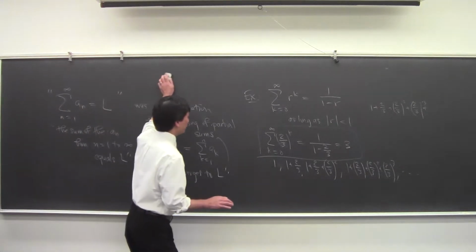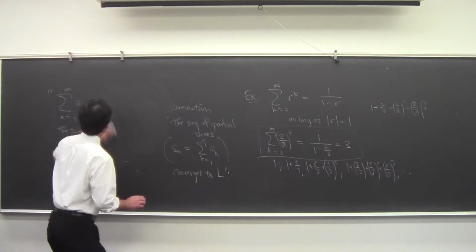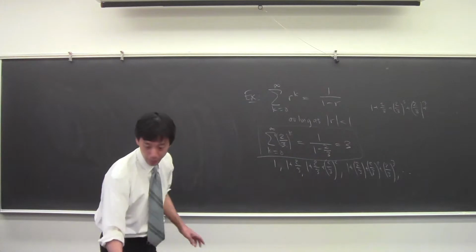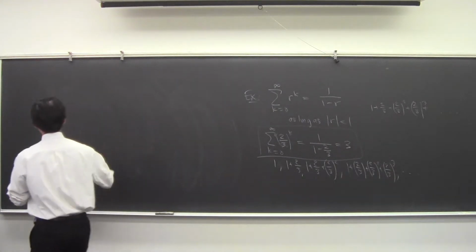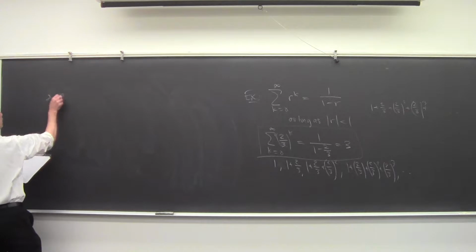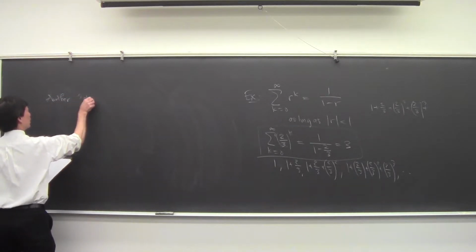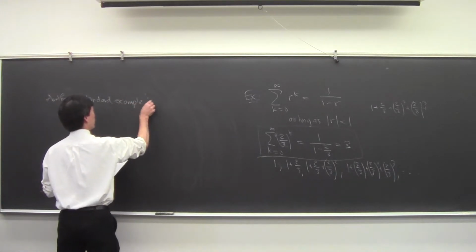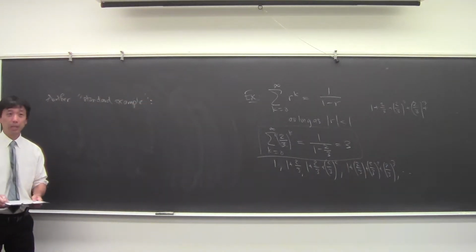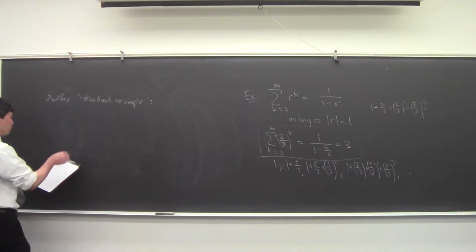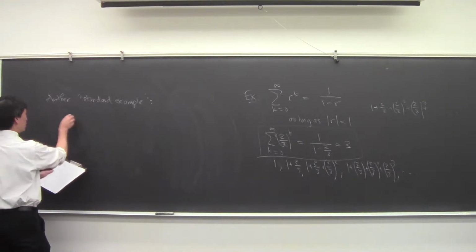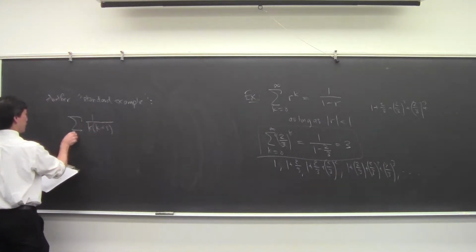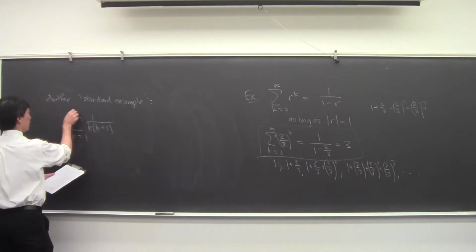Okay. So let me do another example of an infinite series. Here's another kind of standard example that you see when you're first reading about infinite series: the summation of 1 over k times k plus 3, k from 1 to infinity.